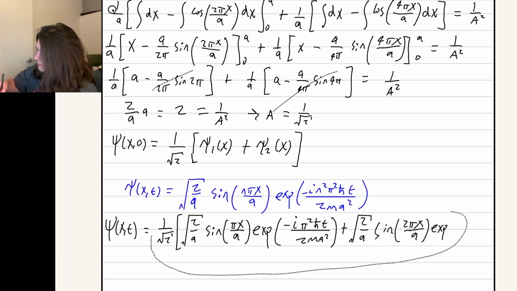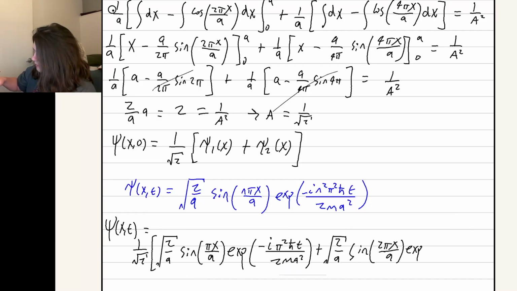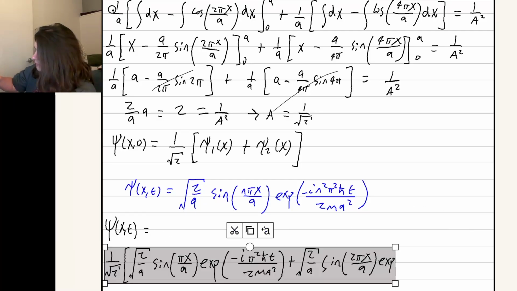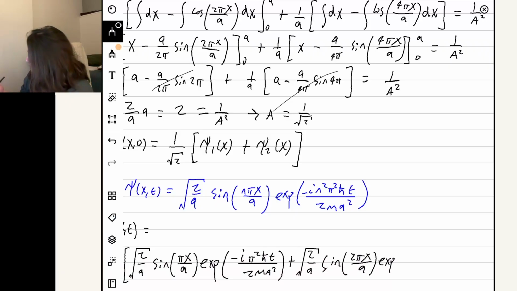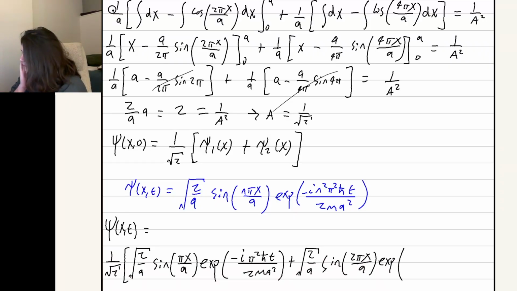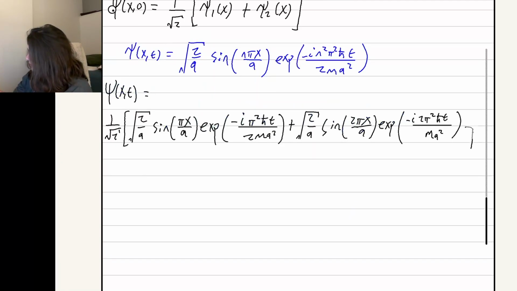I'm going to just move this down here. We got minus 4 over 2, which is just 2. So minus i times 2 pi squared h bar t over ma squared. Right? Whoops, I'm scaling too far.